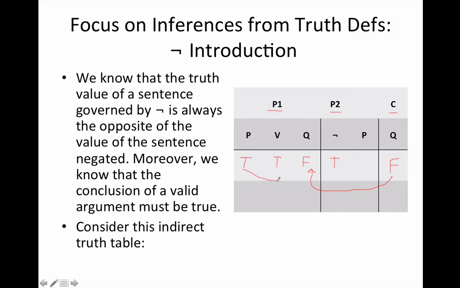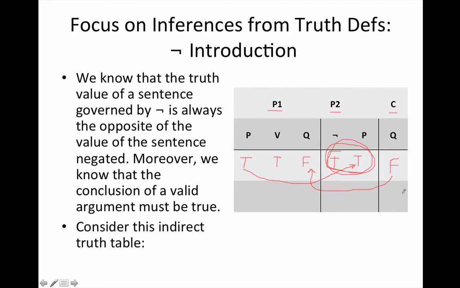But look at what happens. If we say that P is true, but not P is also true, we've generated a truth functional contradiction. P can't be true while not P is true, and vice versa.